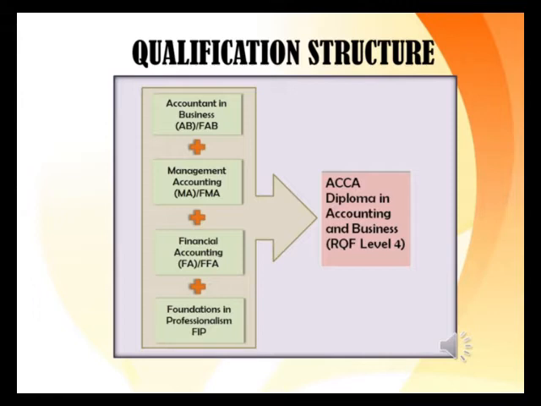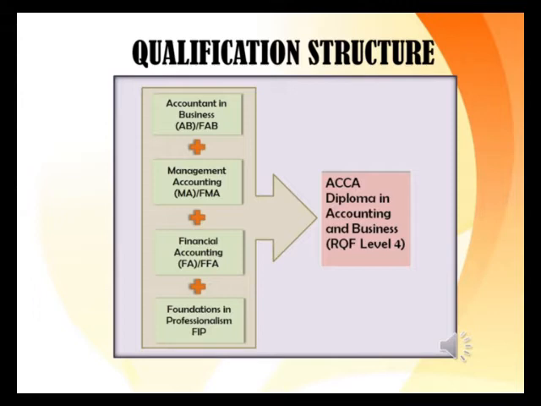In order to get the Diploma in Accounting and Business, you need to complete this diagram. First you need to complete the CAT part, but as a JPPro student, you don't need to do the CAT.